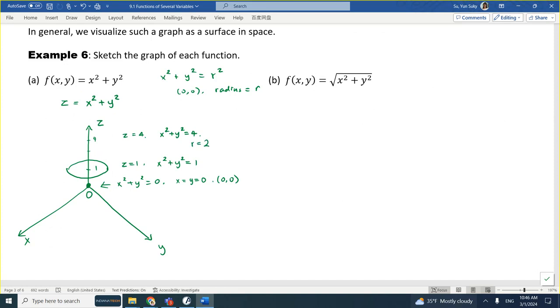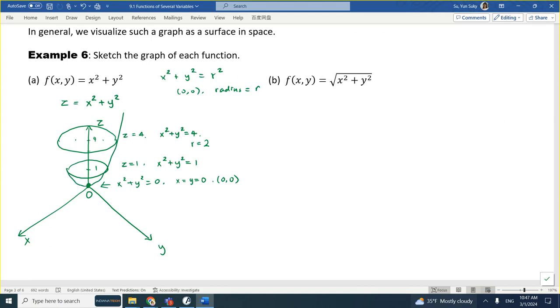Can you imagine, everybody? So on this plane, z equals 4, we get a circle, but with radius 2. So now we have a bigger circle. The radius is 2. And now you connect them together.